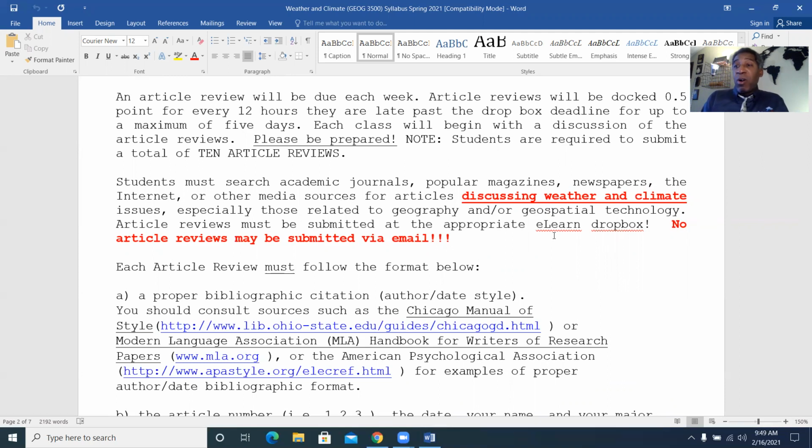Some of these very cold temperatures, single digits in parts of Texas and Louisiana, and that's real temperature, not just the wind chill temperature. So it should be easy to find an article about weather and climate.